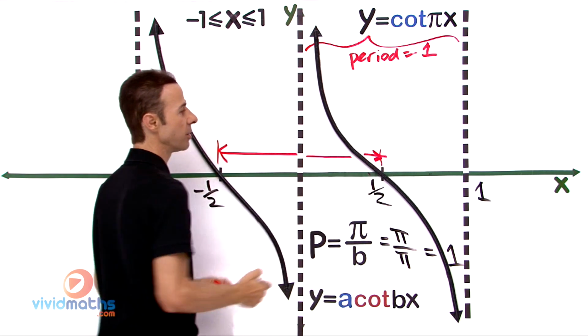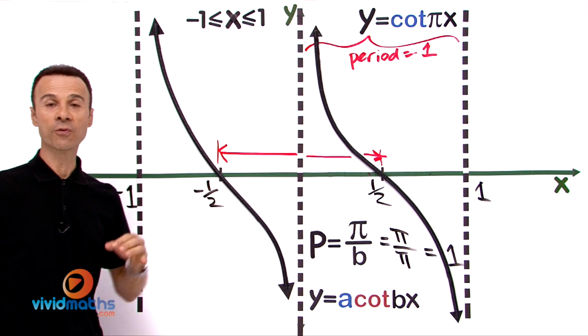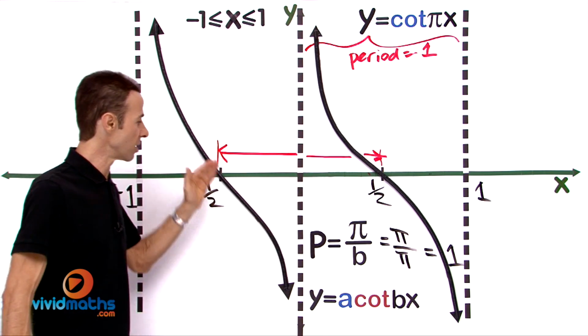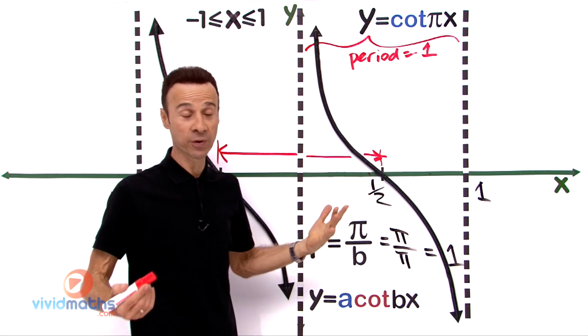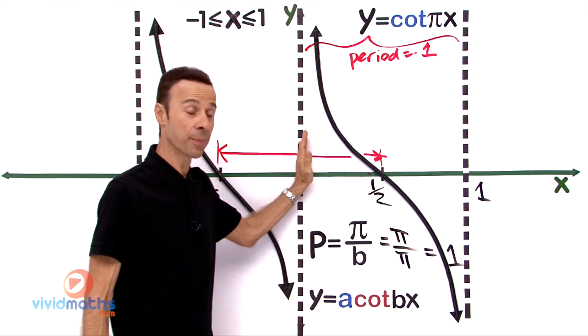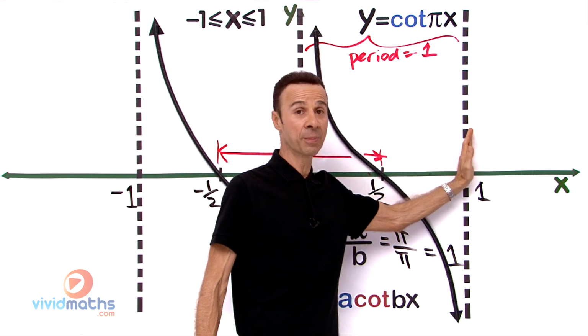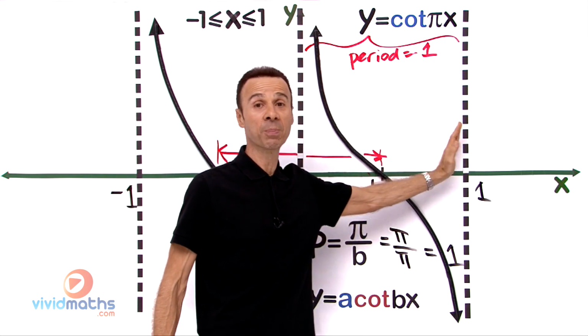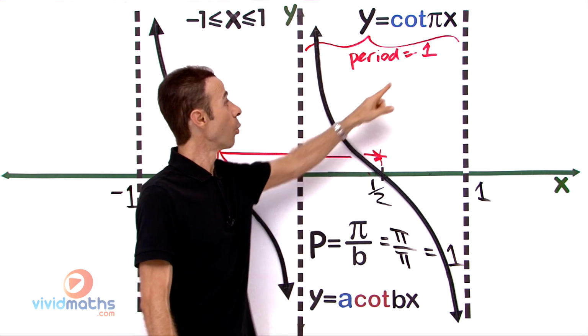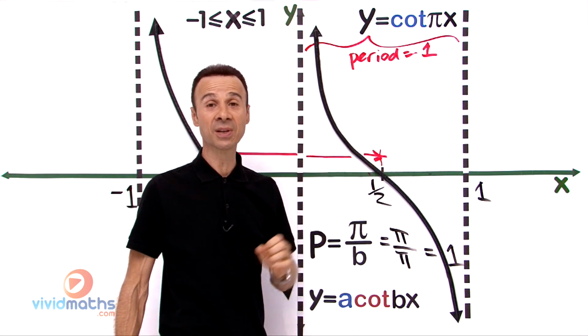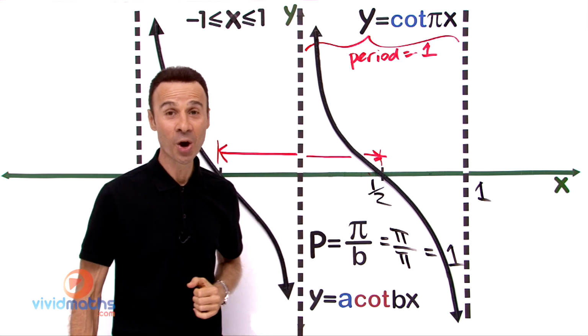So that's also the period. It's wherever the curve repeats itself every time. So it starts here, repeats itself there at exactly the same place. Or if you wish, it starts at the asymptote and then repeats again at this particular part. So that also is a period. But please note, no matter where you start or finish, it's always going to be 1. And that's the period for this particular cotangent curve. Hope that helps.